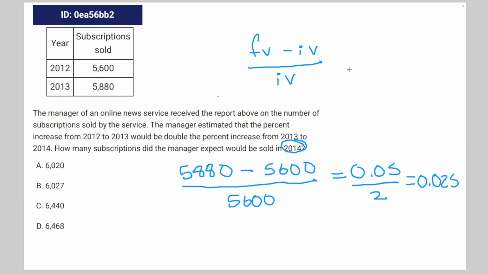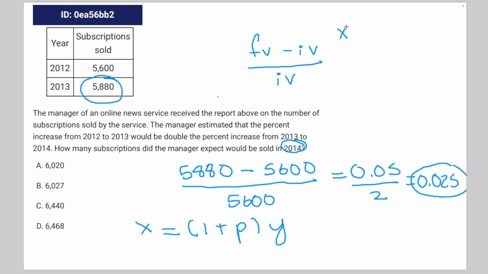And that's going to be equal to 0.025. Now refer back to the earlier equation. X is equal to 1 plus p times y. In this situation, we already know the value of p, and we also know the value of y. So we just have to find x.